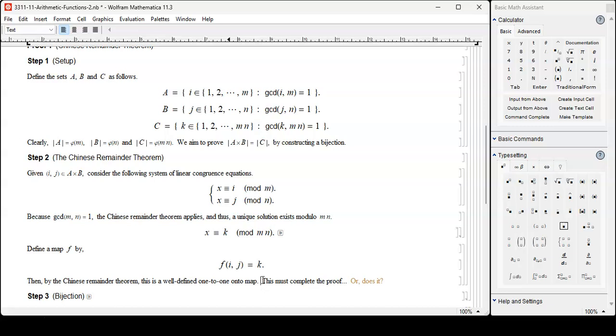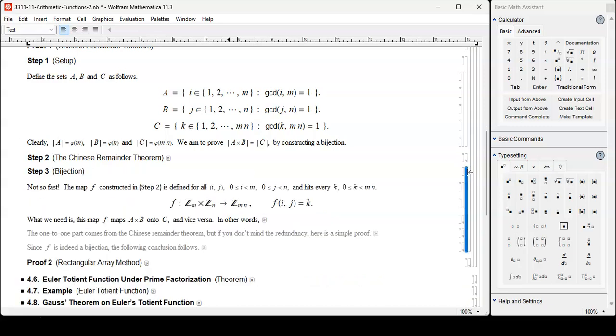But why does it not complete the proof? Well, here's the reason. Not so fast. The map f constructed like this was defined for all i, j where i is greater than or equal to 0 and less than m, and j is greater than or equal to 0 and less than n, and for k greater than or equal to 0 and less than m times n.